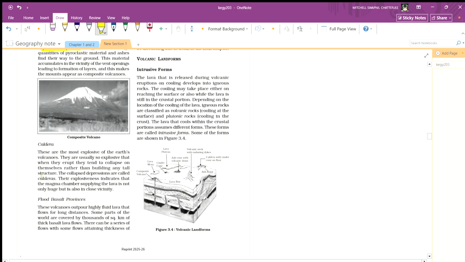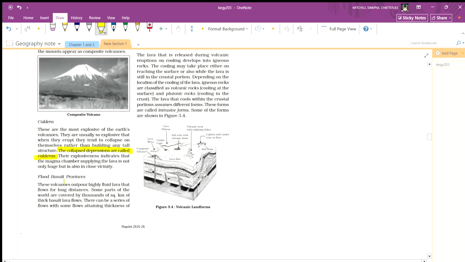The collapse depressions are called calderas. Their explosiveness indicates that the magma chamber supplying the lava is not only huge but also in close vicinity.